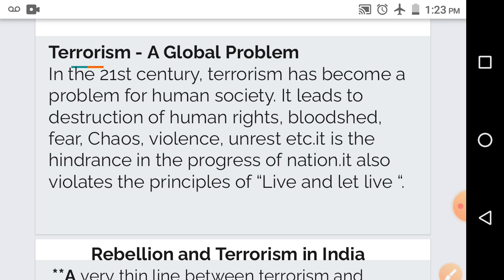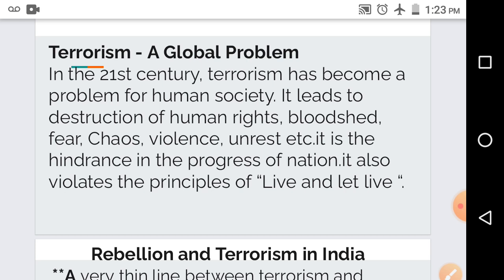Terrorism, a global problem. In the 21st century, terrorism has become a problem for human society. It is a global problem, not a problem of one particular country or our own country, but of the whole world. Everywhere you can see people are facing problems due to terrorism.